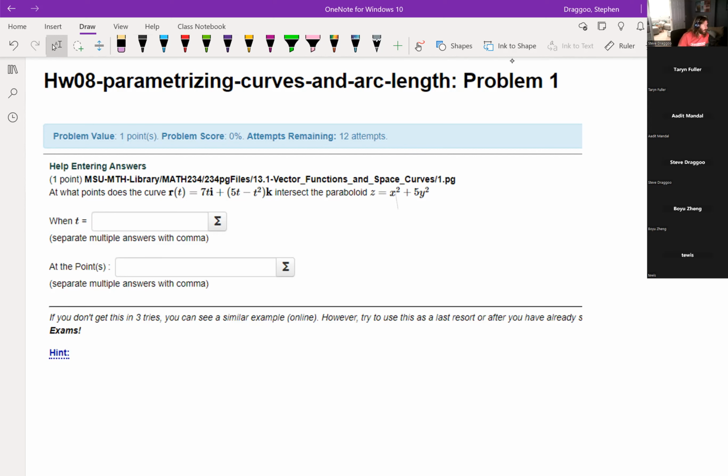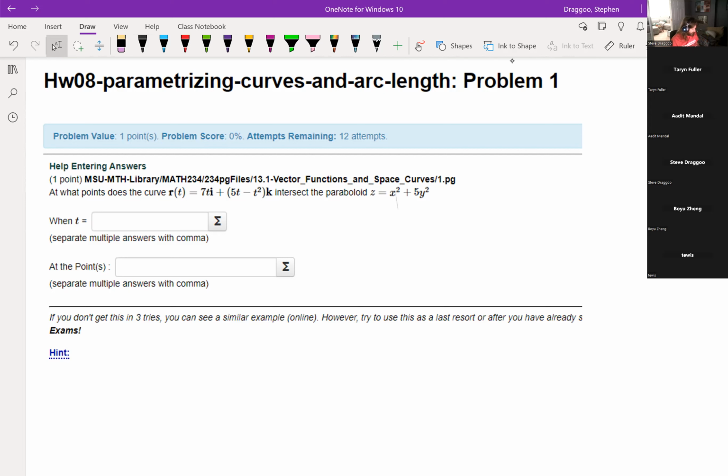So what we're going to do is set these two things equal to each other, right? If a curve and a surface intersect, that means that they should be equal to each other in some way.